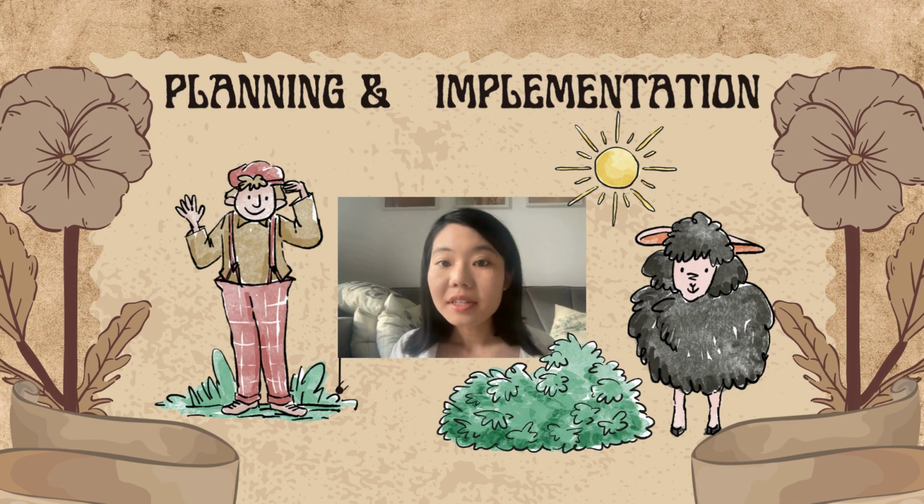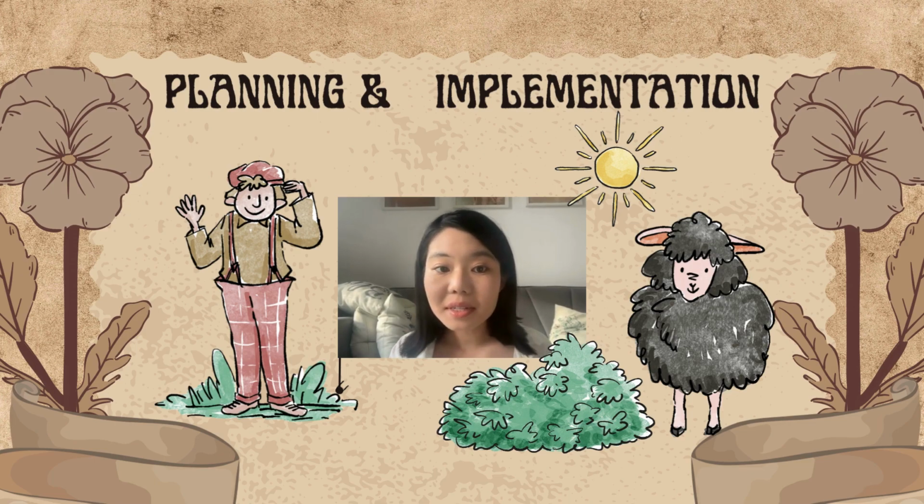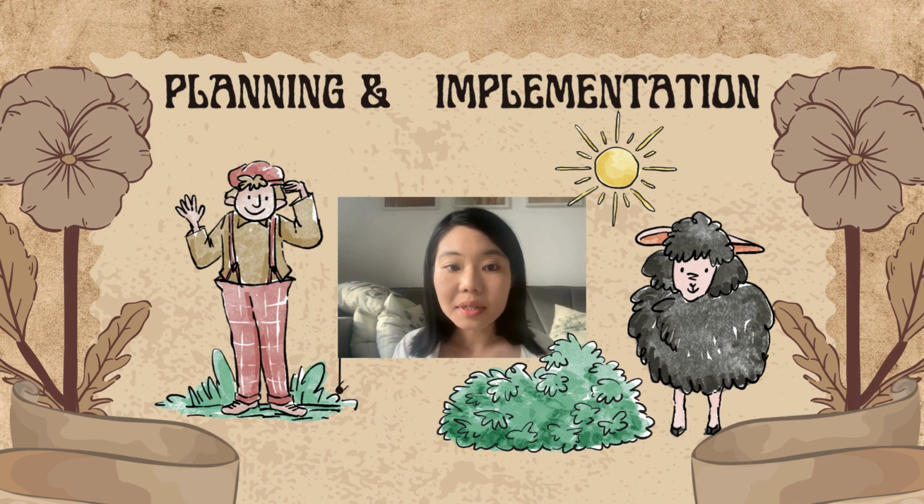Administrators should develop comprehensive technology plans that align with educational goals and budgetary constraints. This involves assessing current technology infrastructure, identifying needs, setting goals, selecting appropriate tools and resources, and establishing a timeline for implementation.